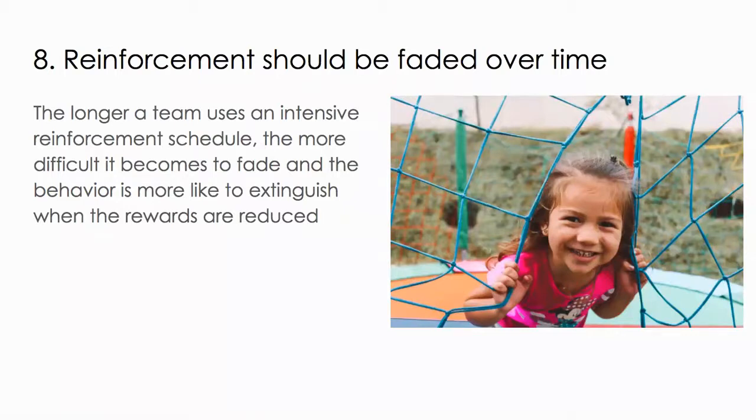You don't want to be reinforcing on an extremely intensive reinforcement schedule for the child's entire life. You want to move towards the things that are more naturalistic and less frequent when possible. Again, at the beginning, you would want to reinforce a lot more and a lot more frequently.